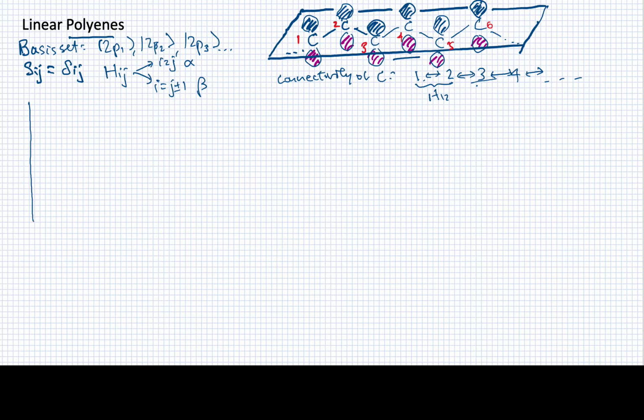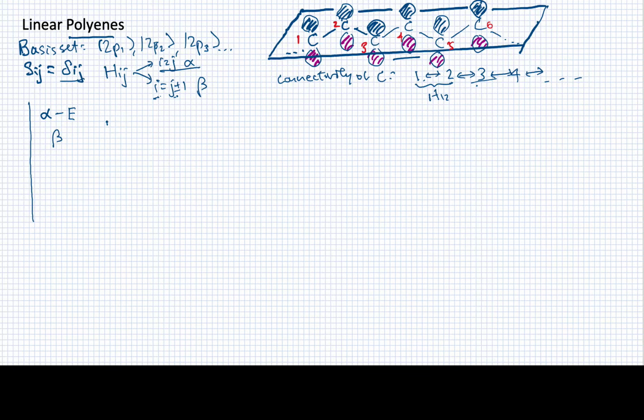All right, so let's draw this out. Let's draw what the secular determinant would look like. Well, H11 is i equals j, so it's up here. H11 is alpha. S11 is just going to be 1, so alpha minus E times 1. All right, right below it is H21. Since 2 is within 1 of 1, that means this one will end up being beta.